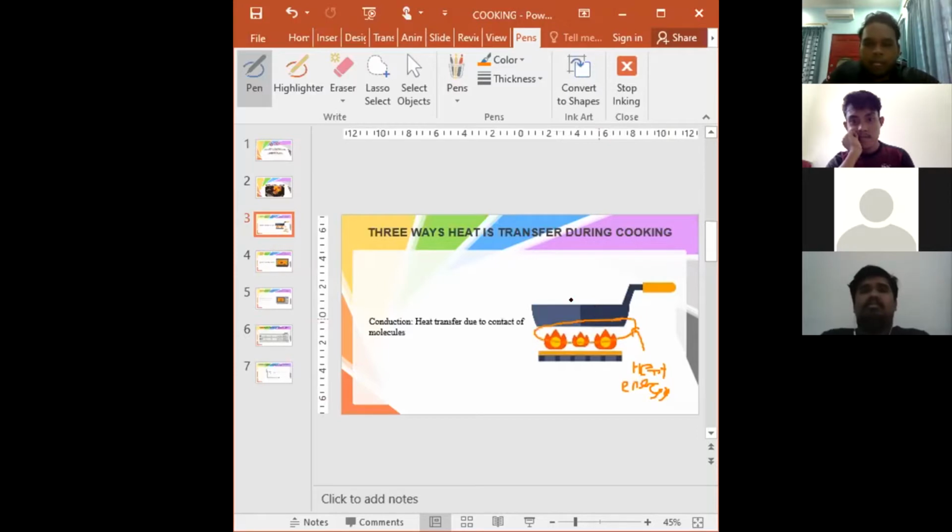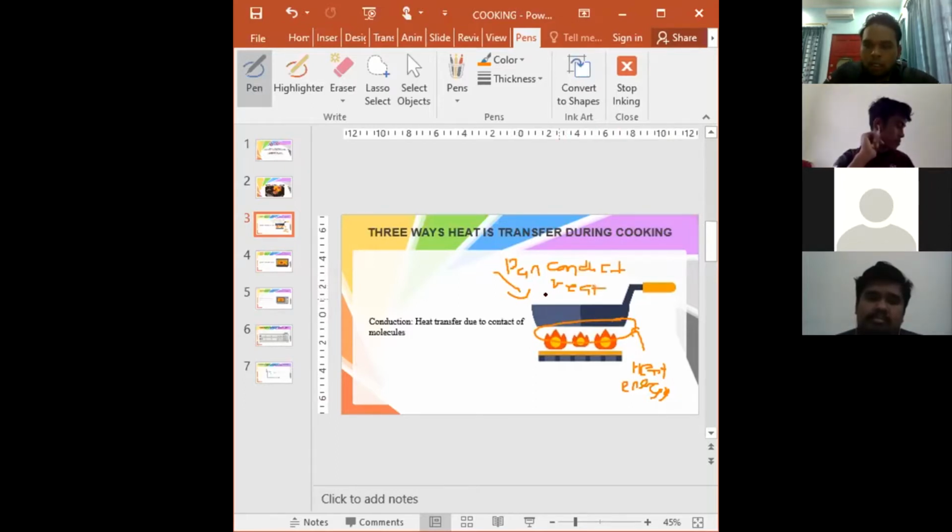From there, the pan conducts heat. When we want to boil water, the heat is conducted to the particles of the water.